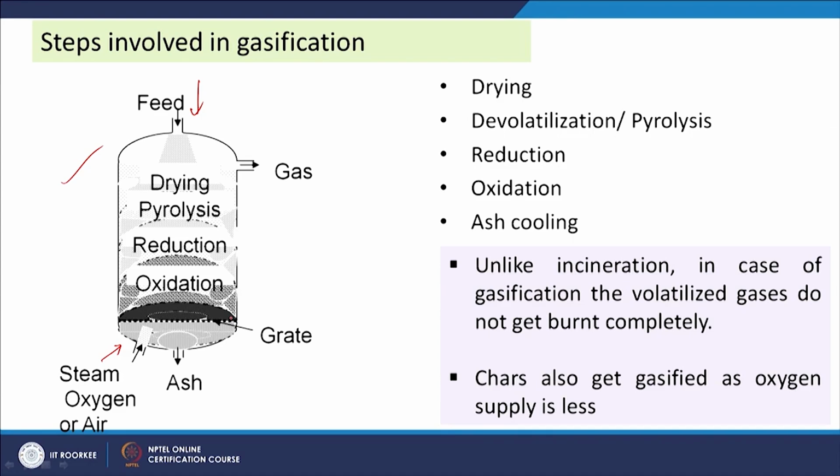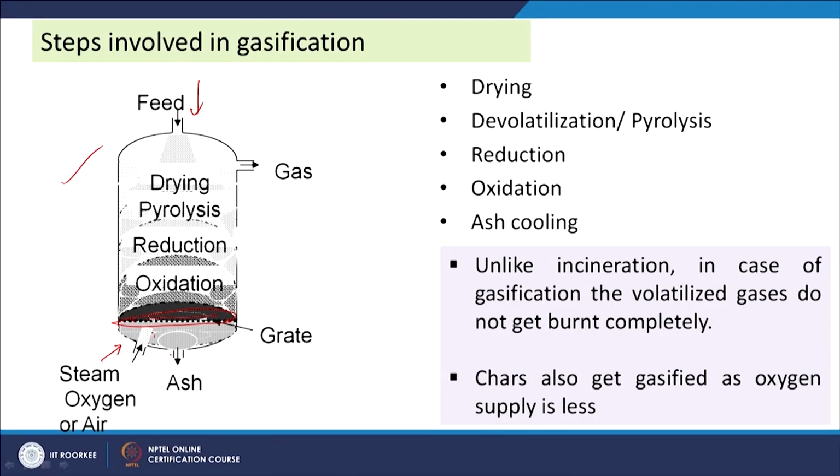Here is a grate. Solids are falling and coming in contact with hot gases, and different types of changes are going on, and ultimately ash is formed and stored on this grate, or passed through the opening of this grate, and here ash collection takes place.